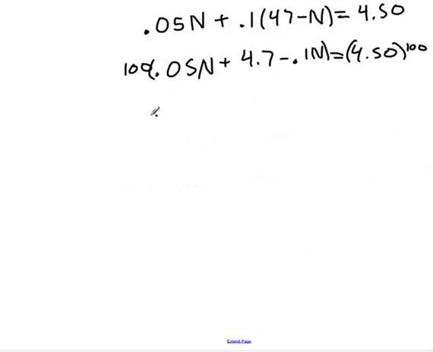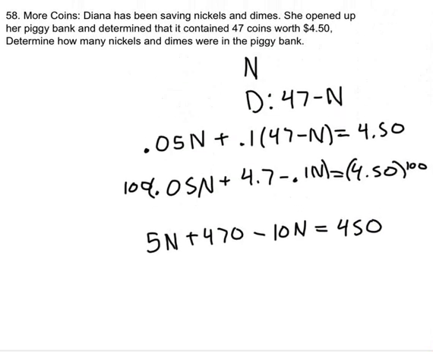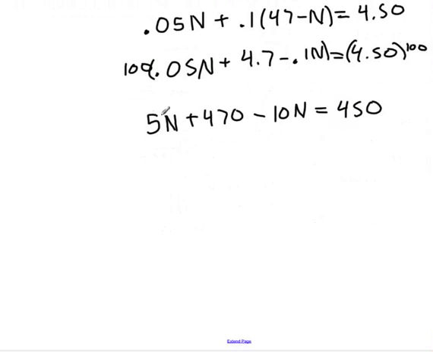So you end up getting 5n plus 470 minus 10n, since 100 times 0.1 is 10, equals 450. What I did is what I could have done at the very beginning to make things easier: instead of putting my units as dollars, I could put it in pennies. So now I have 5 pennies per nickel and 10 pennies per dime.